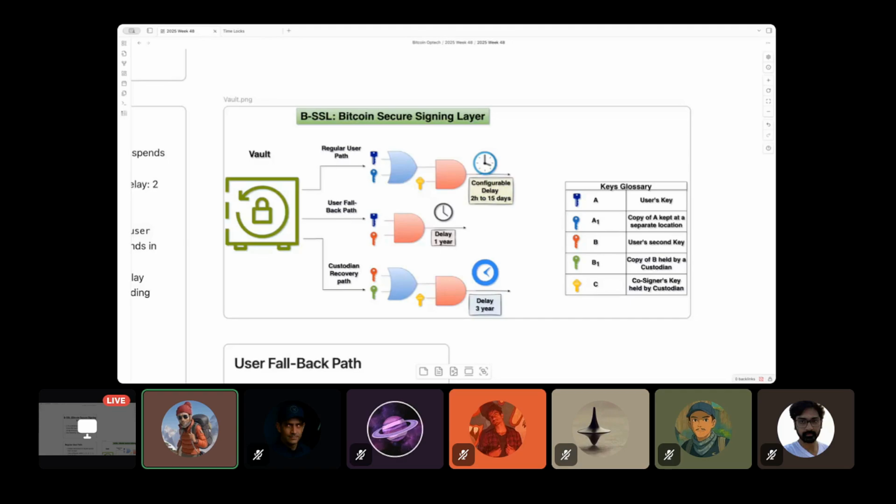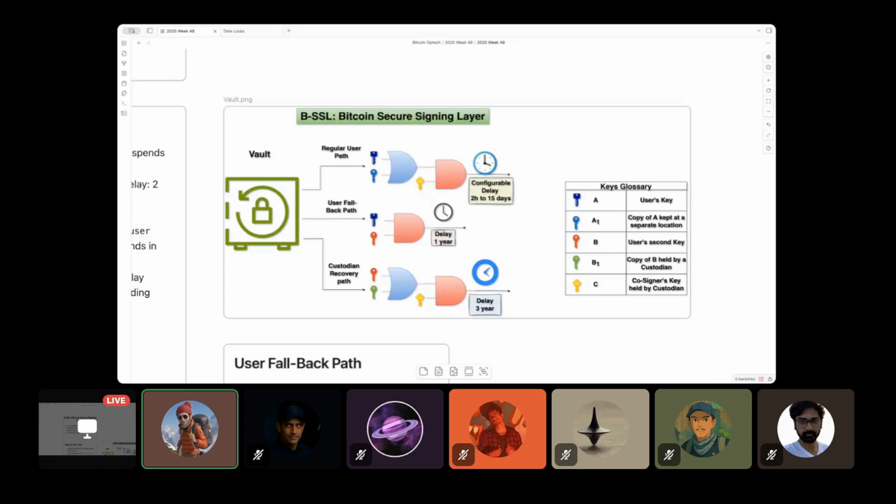And then the user has another key called B. That's the user's second key, and this is also kept separate from A, geographically or physically. Then a copy of this B is held with a custodian.